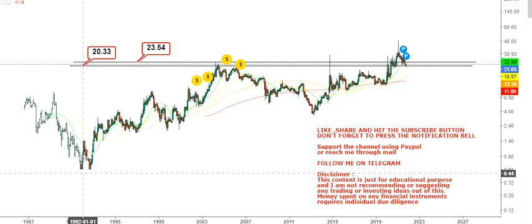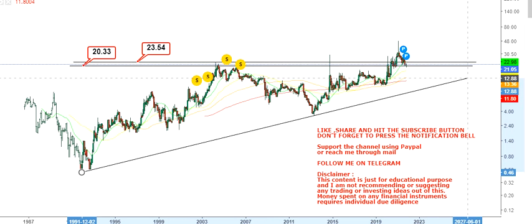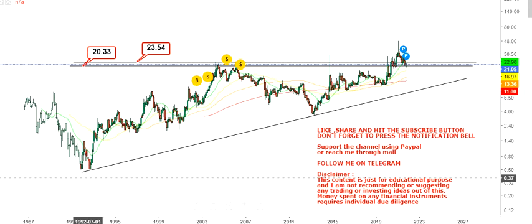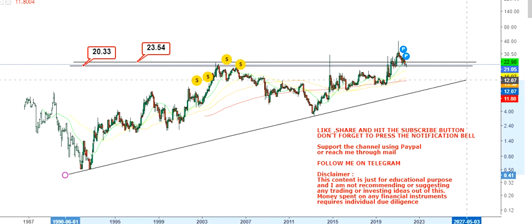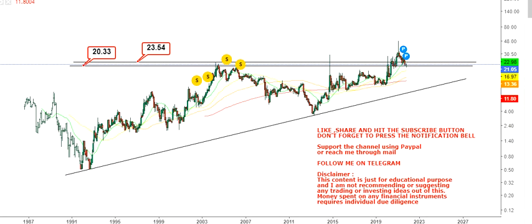But if you are looking at the big support levels, these are your big support levels from where the stock actually moved very big in the past.